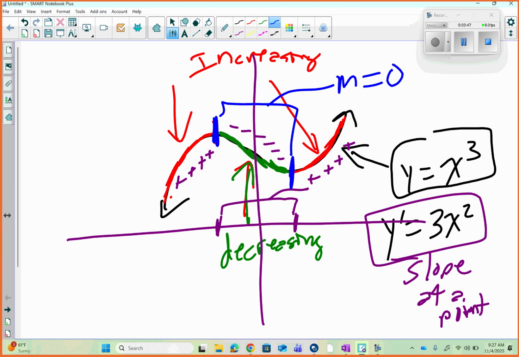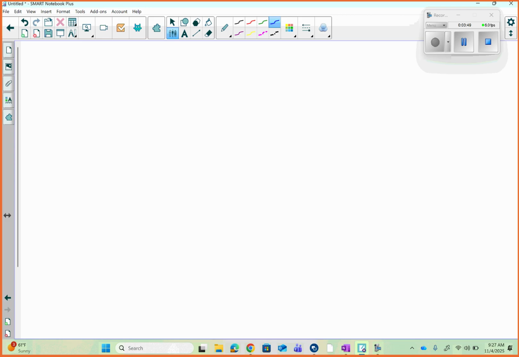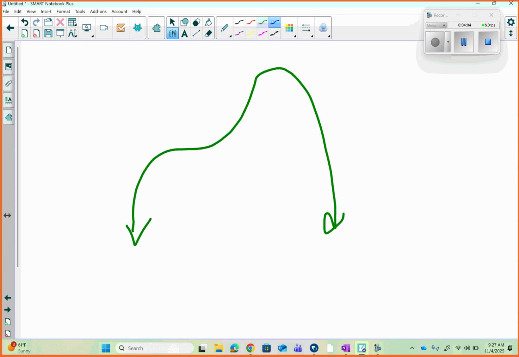Now let's take this a little bit further. Let's say we had some obscure looking graph that did this. Okay? Now let's make this a little bit better. Let's make it like this. So there's something that's happening right here, and there's something that's happening right here.